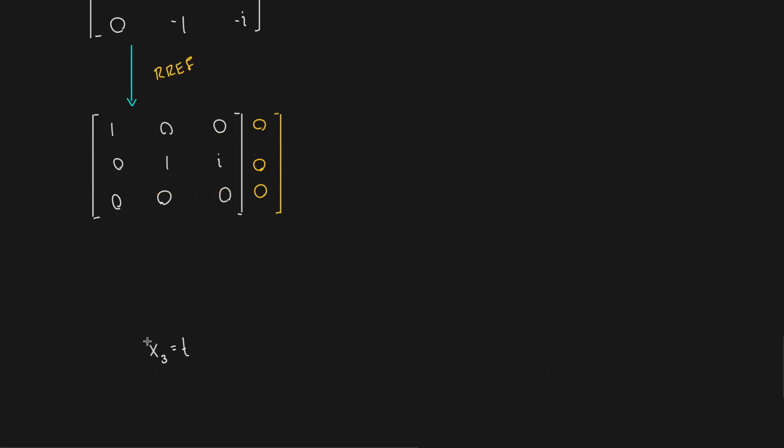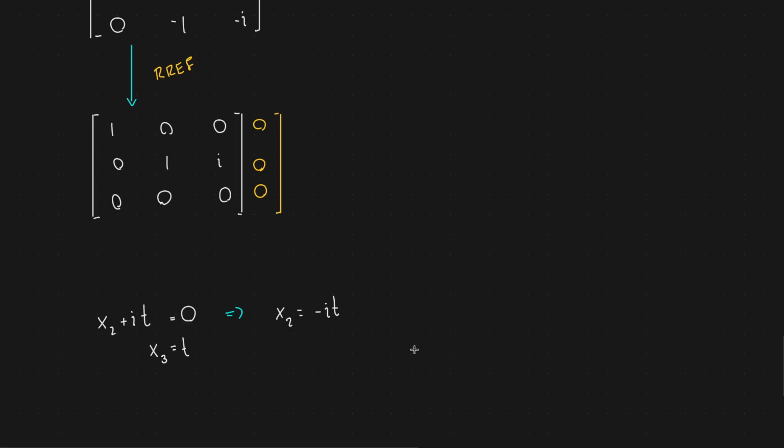Let's use row 2 to get x2. That's 1 x2 plus I times x3 equals 0. x3 is our free variable, so let's swap out x3 for t, and we see that x2 is going to be negative I t. Notice we're doing the math the same way as always.